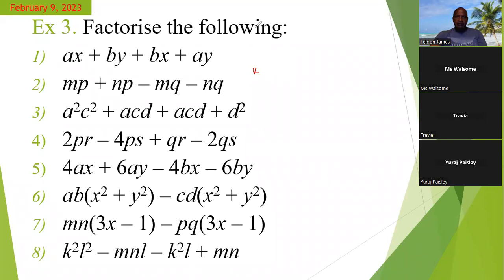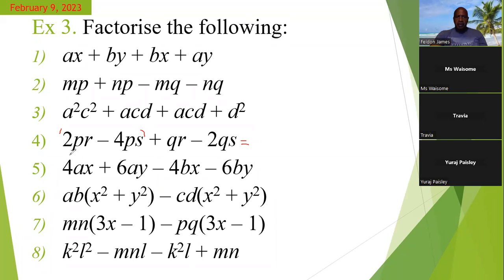So we have question 4. We have 2PR. Matter of fact, we can just look at the question and pull out what is common for the first pair. What is common for the first pair?